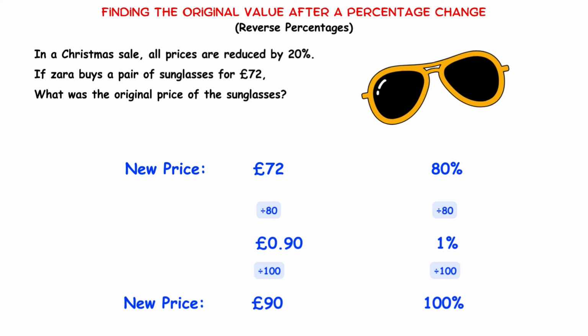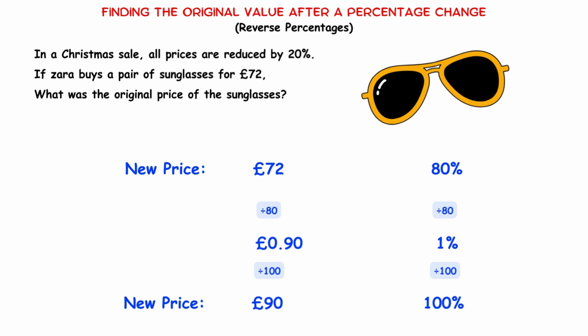In a Christmas sale, all the prices have been reduced by 20%. If Zara buys a pair of sunglasses for £72, what was the original price of the sunglasses? So in this question, we're looking for the original price before it was discounted, and we know that once it's been reduced by 20%, the new price is £72.